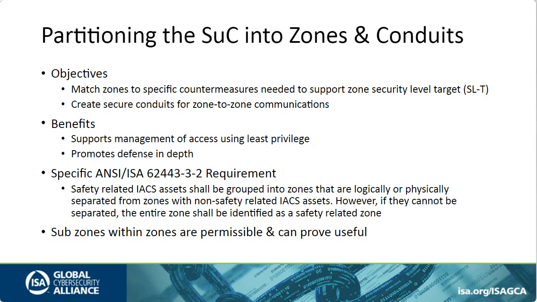The upshot of that is that now all of your control stuff needs to follow the same level of security level targets and rigor that you have for the safety stuff. And that can provide operability issues that operations does not particularly like, but those are some of the things that a company will need to deal with through its risk assessment work process, as to how they're going to deal with those kinds of things.